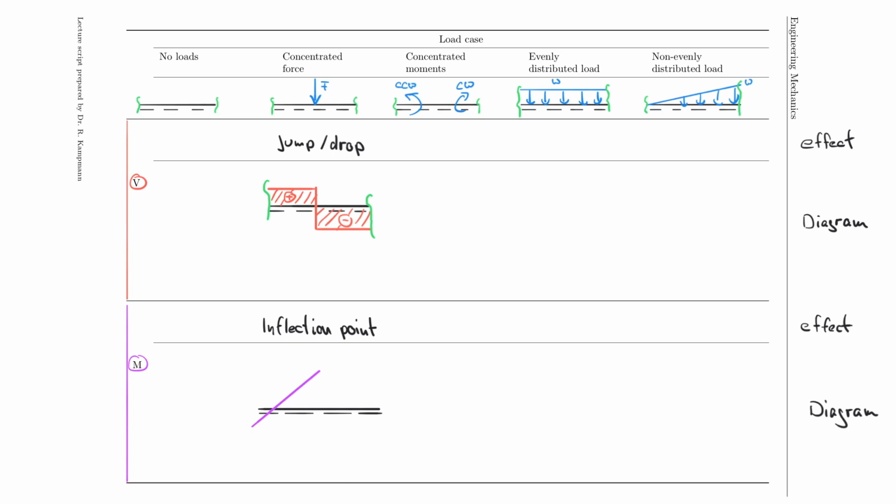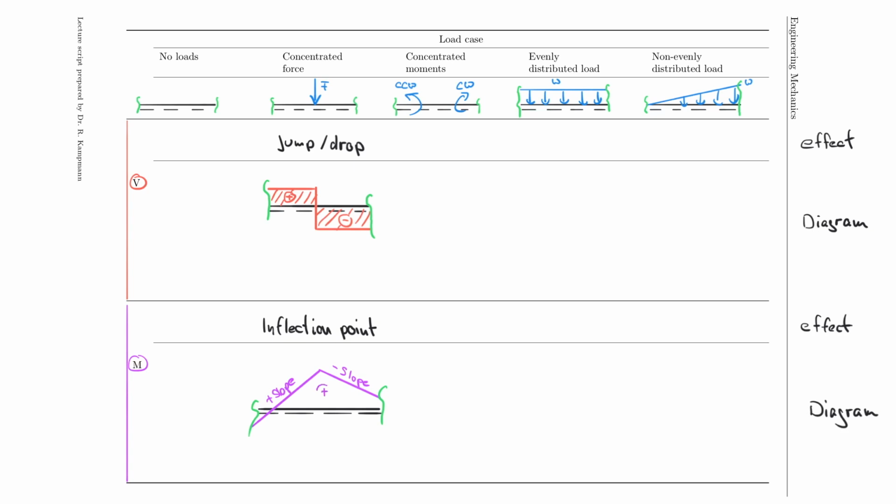And of course, this could go in any direction, so I'm just going to symbolize it as such. And the important thing is to understand that this is a positive slope and this is a negative slope. And now I need to indicate that I cut this one as well. And that completes this diagram.